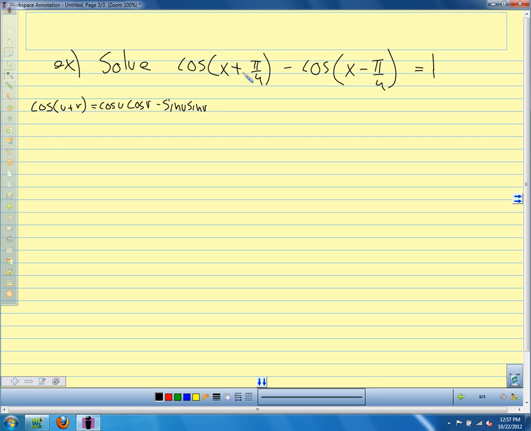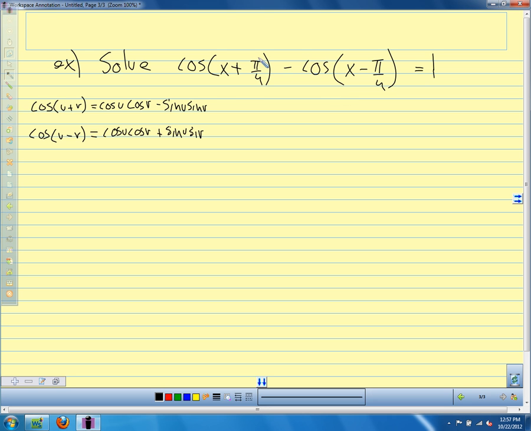And the cosine of u minus v is cosine u cosine v plus sine u sine v. So I'm going to use the top formula for this one and the bottom formula for this one.